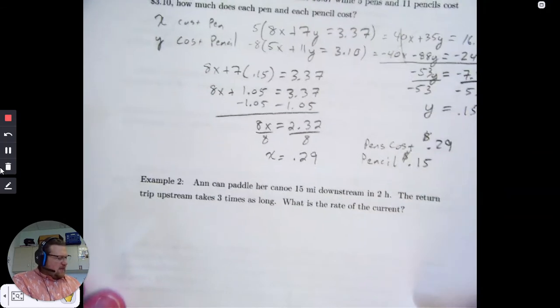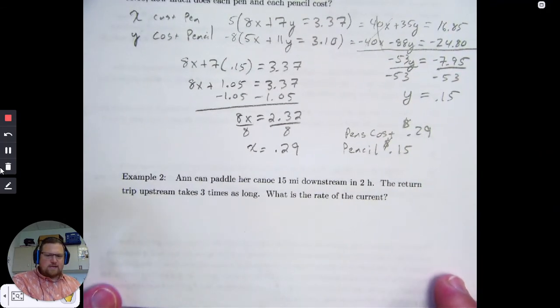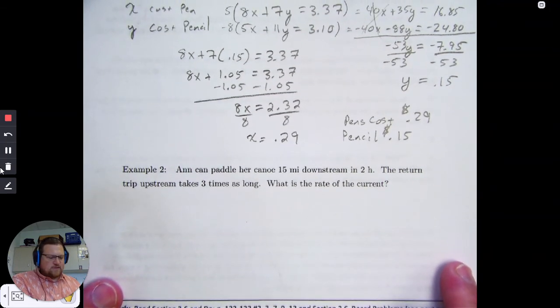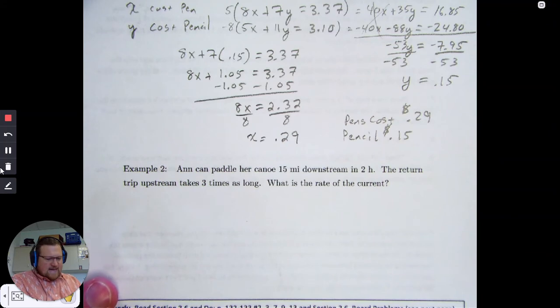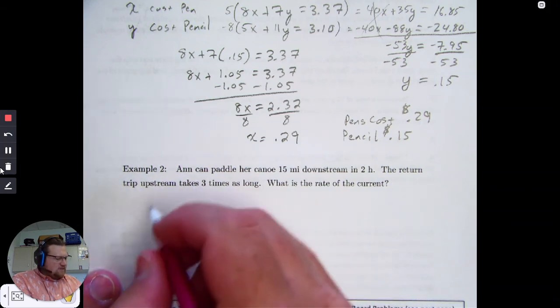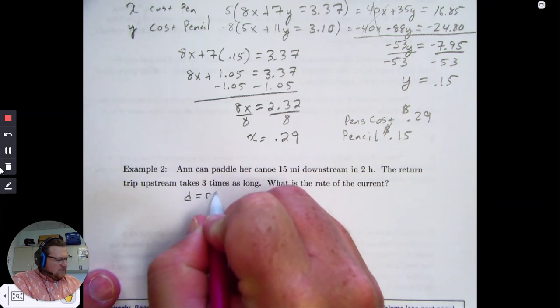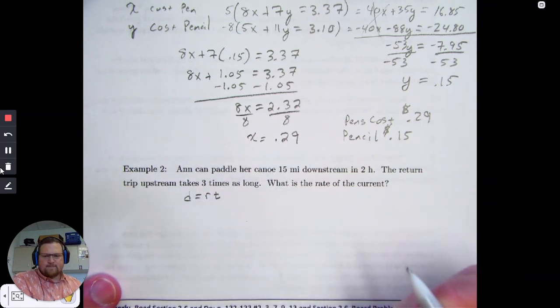Example 2 says, Anne can paddle her canoe 15 miles downstream in 2 hours. The return trip upstream takes 3 times as long. What is the rate of the current? So let's think about this in terms of distance equals rate times time.